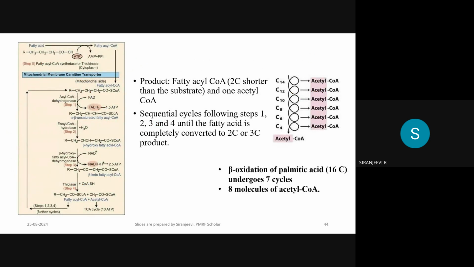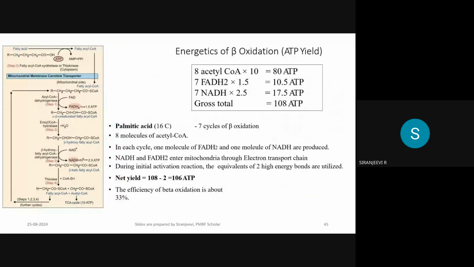And overall, if you see how the cycle happens, from the 16 carbon palmitoyl CoA, it forms 8 molecules of acetyl CoA, and it undergoes 7 cycles of beta oxidation. And the energetics of beta oxidation: overall 8 acetyl CoA will be formed, and each acetyl CoA leads to 10 ATP, so that forms 80 ATP.